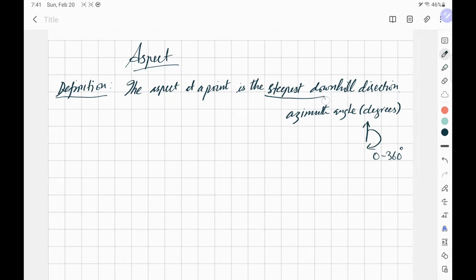This steepest downhill direction represents the slope. So aspect is in fact the steepest downhill direction, representing the slope. So aspect is the direction of slope.